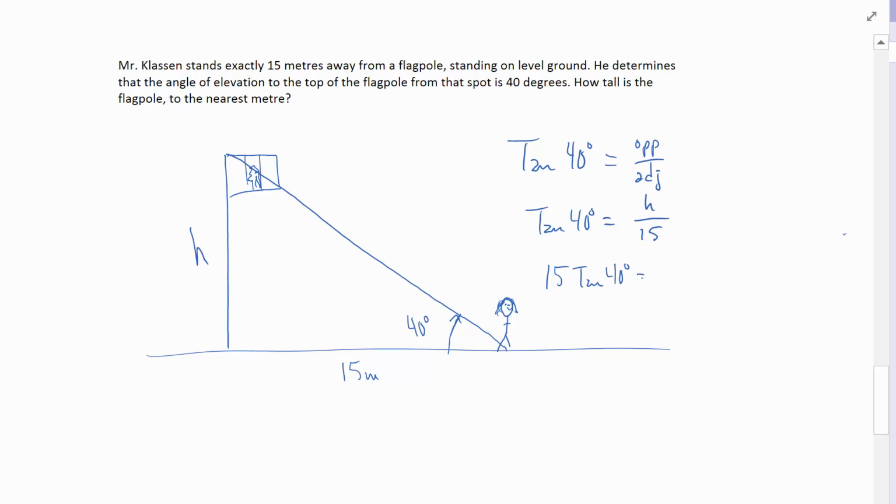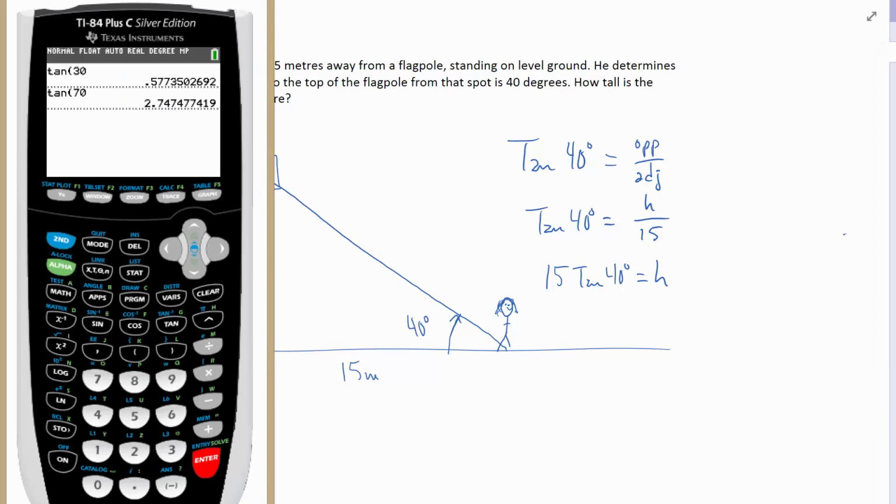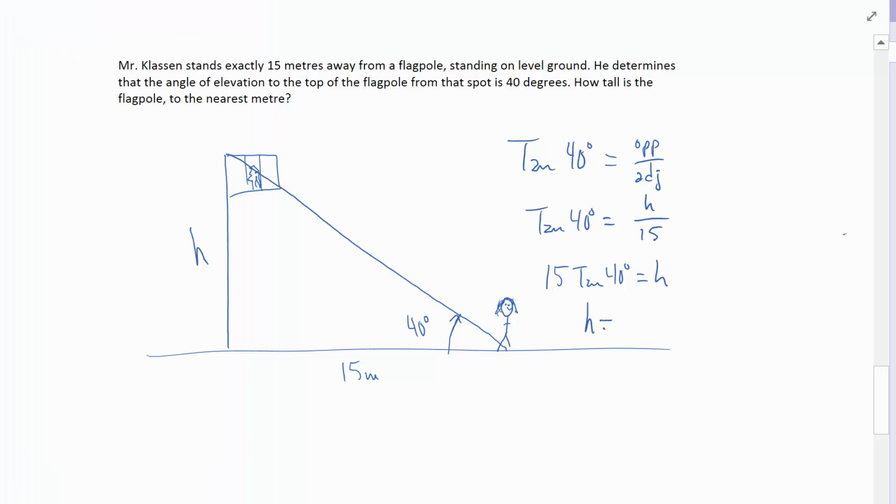What's tan 40? Well, we could look it up in the tables, or just get our calculator to tell us. Tangent of 40 multiplied by 15, and there's the answer to what h is. Round that off to the nearest meter, and I think we're looking at approximately 13 meters of height.